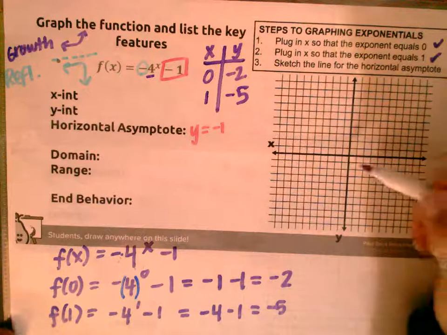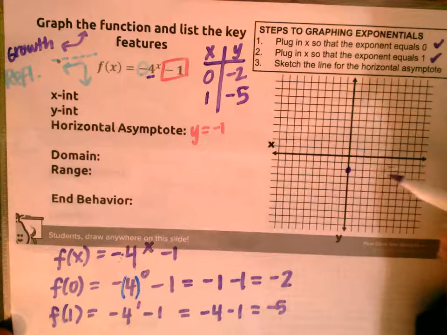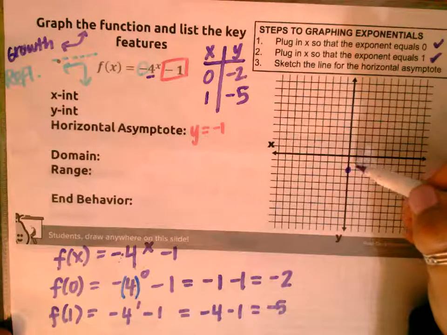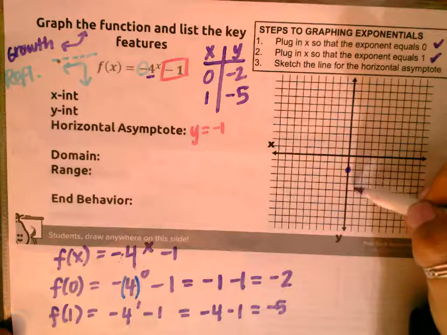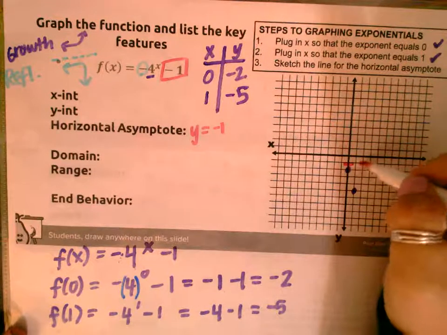So I've got x is 0, y is negative 2 right here. And x is 1, y is negative 5. Negative 1, negative 2, negative 3, negative 4, negative 5. And I also have a horizontal asymptote at y equals negative 1.